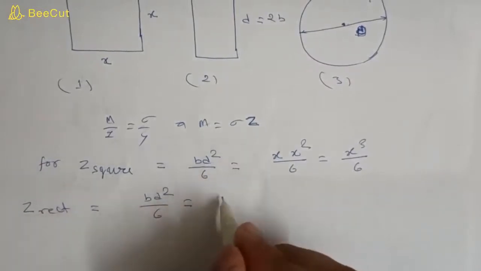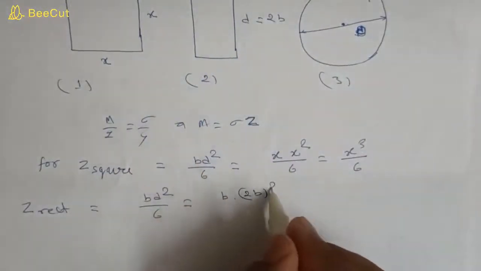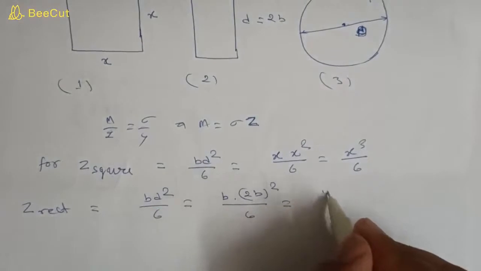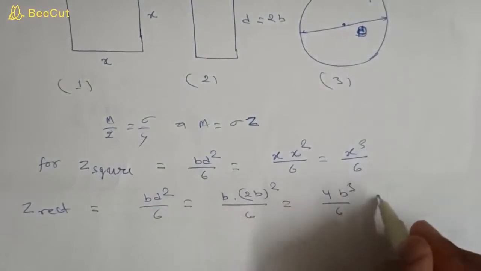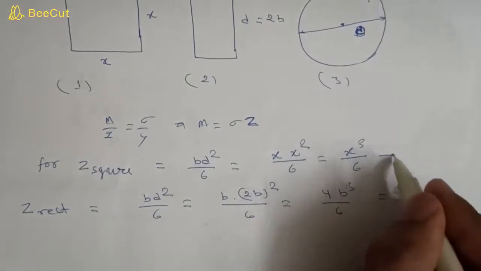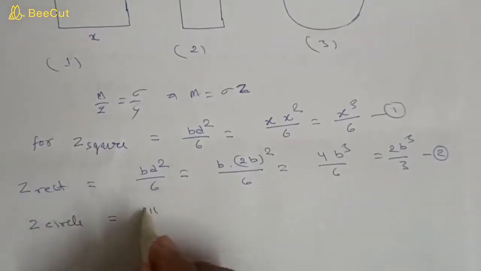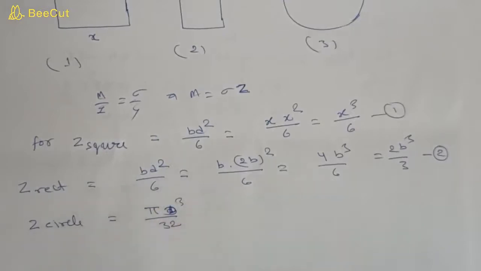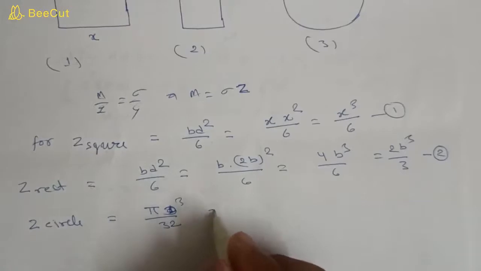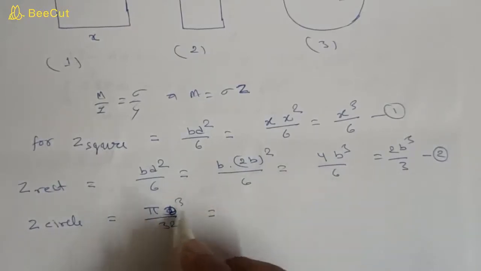So b is b and d is equal to 2b, so 2b square by 6. It will be 4b cube by 6 or 2b cube by 3. For circular section, Z circle is equal to pi D cube by 32.